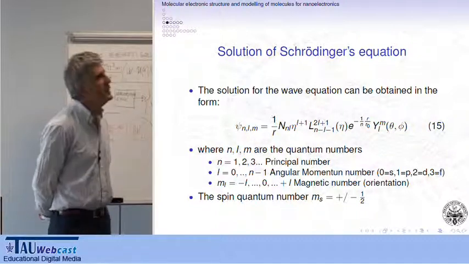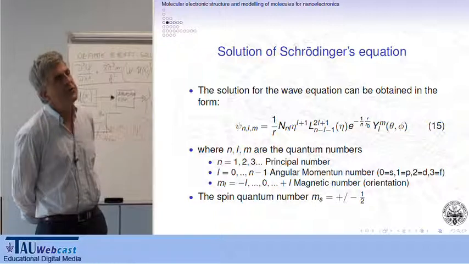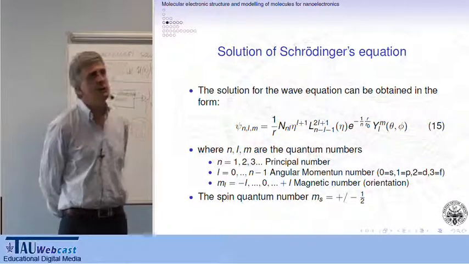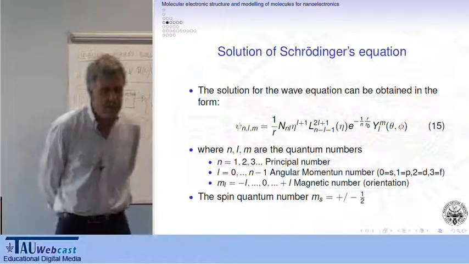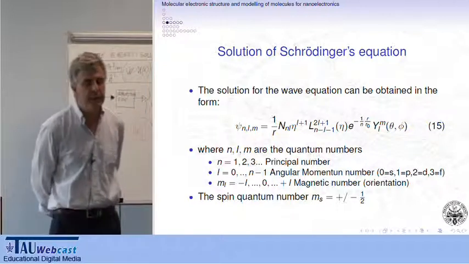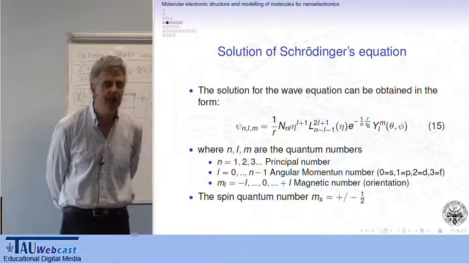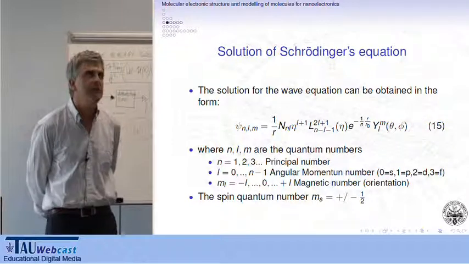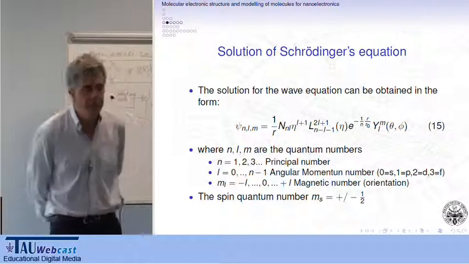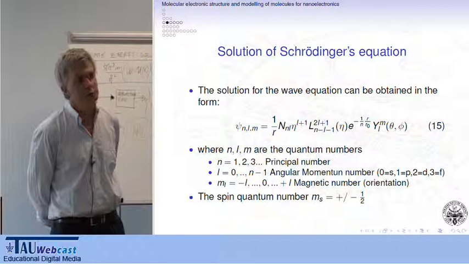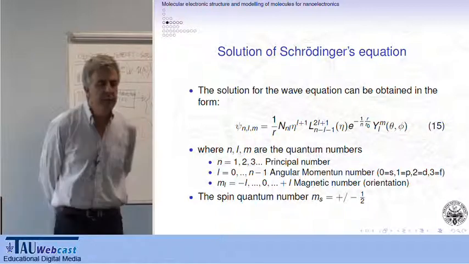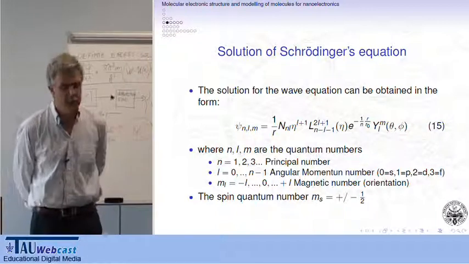And the range of this number is minus L to plus L. So these three numbers, from a mathematical point of view, define all the functions that are solutions of the Schrödinger equation with electrostatic potential.